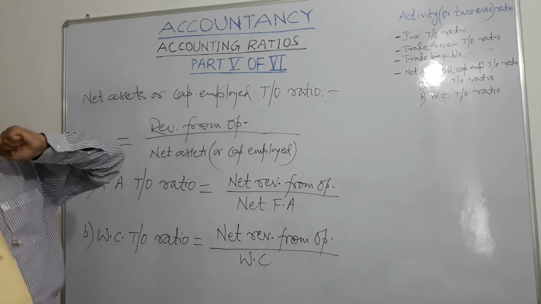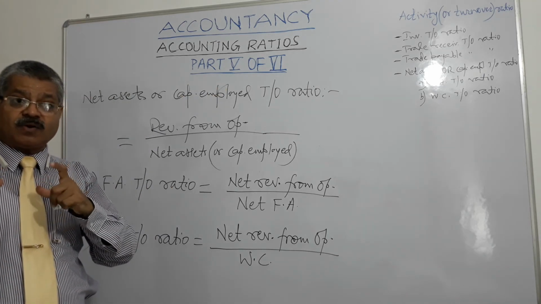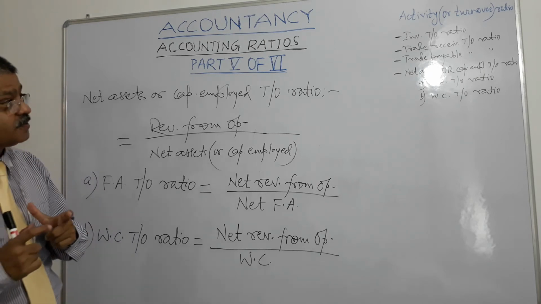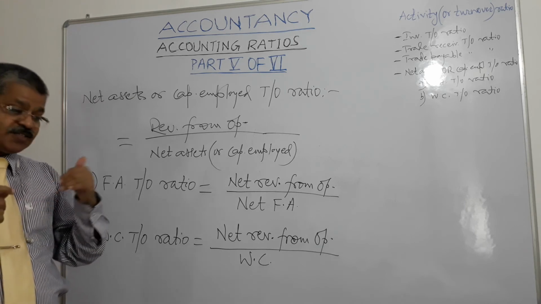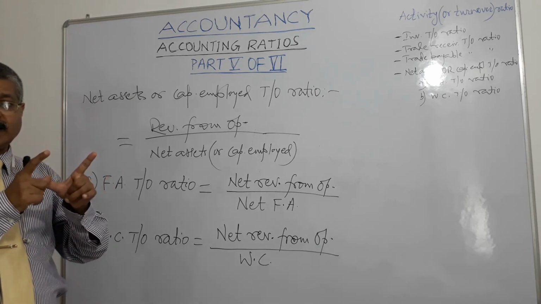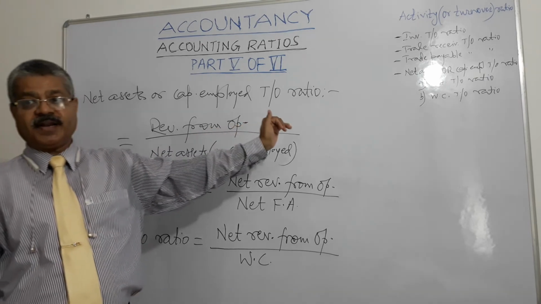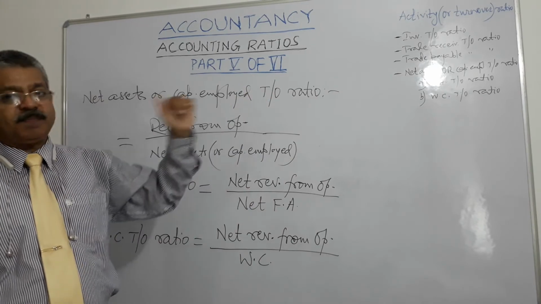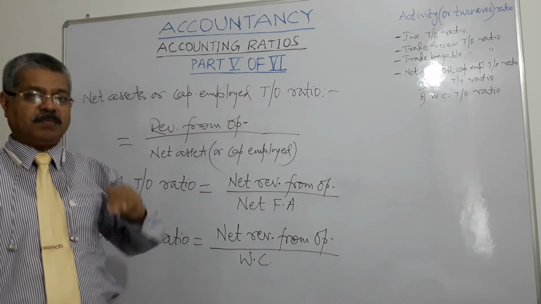The third one is trade payable turnover ratio. It indicates the pattern of payment of creditors, trade payables. It shows the relation between credit purchases and average trade payables. So the ratio can be written as net credit purchases divided by average trade payables.